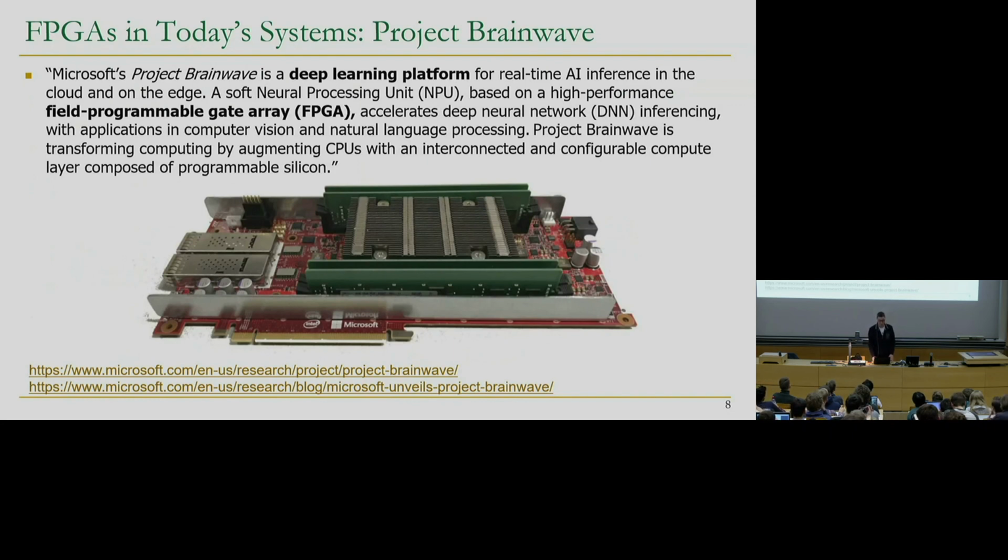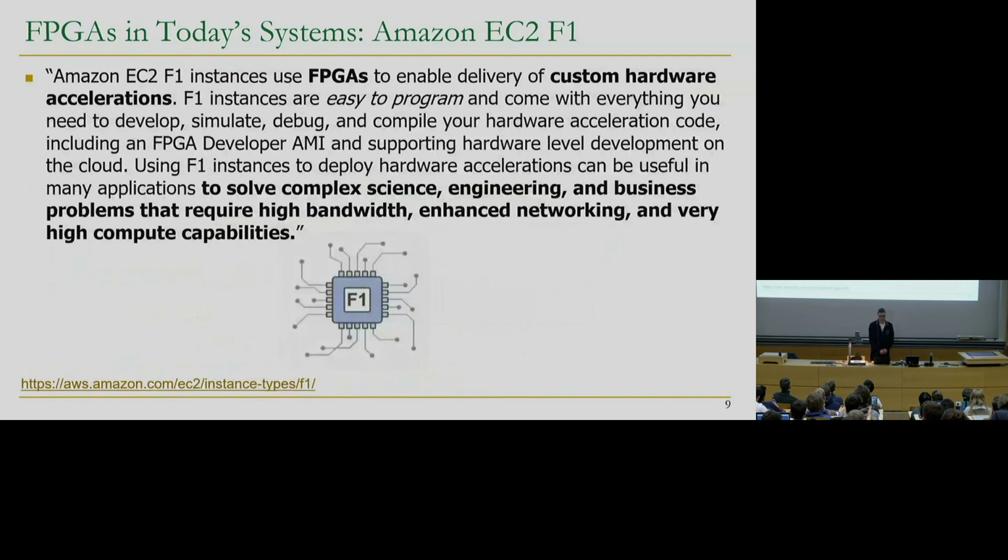As you see, the FPGAs here are very critical to achieve those goals. Amazon is also offering EC2 F1 instances, which are server machines that have FPGAs that you can program and use in your applications.